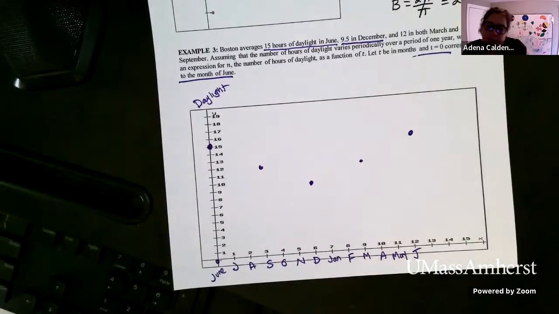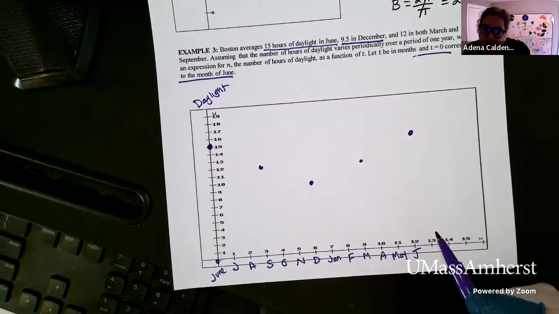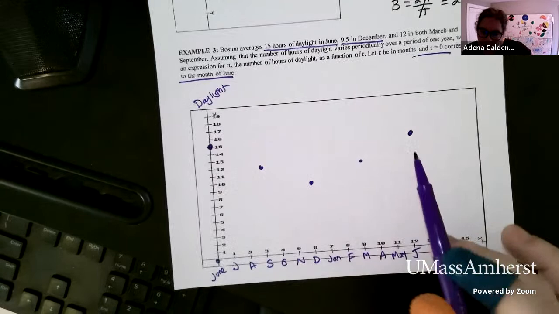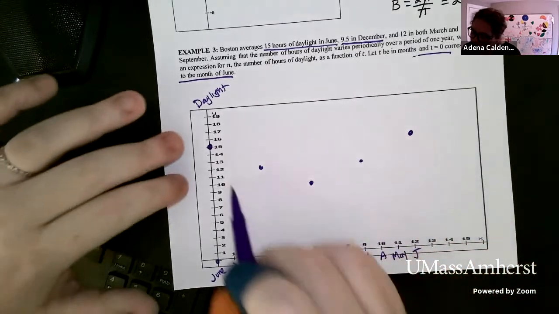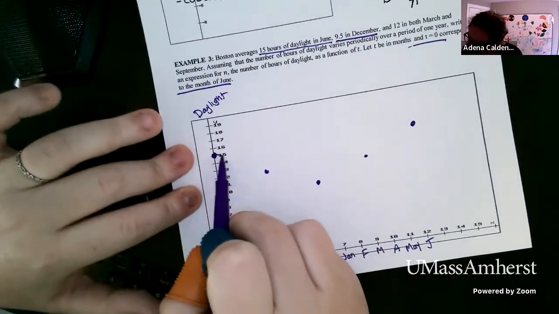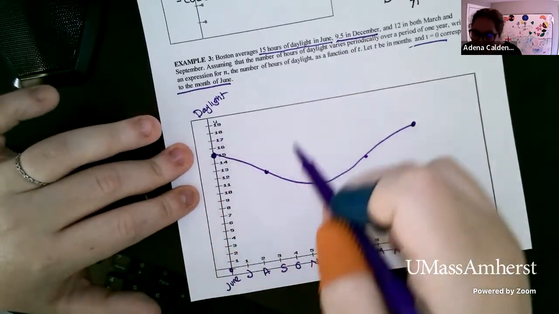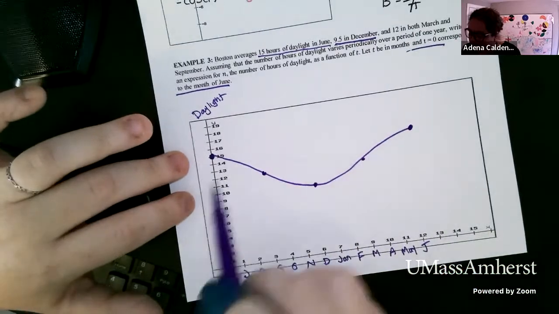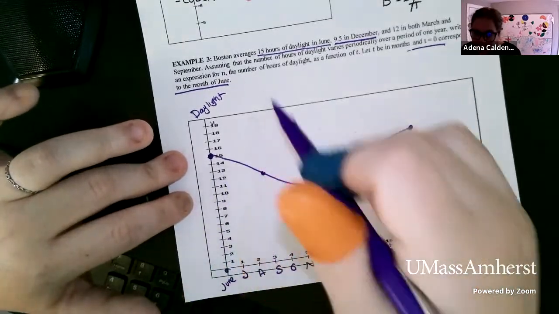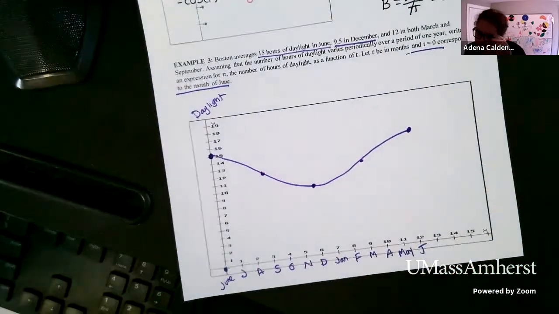Now, because it's periodic and because it repeats every year, I'm pretty confident that the shape of the graph follows these dots, right? I can't have lots in between because the period is the full year. So I can't have lots of periods in between.